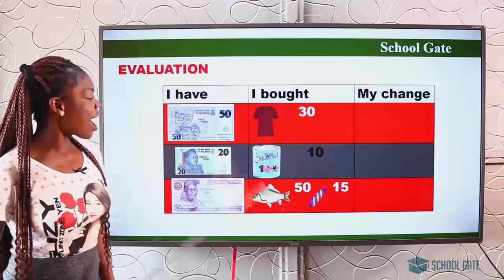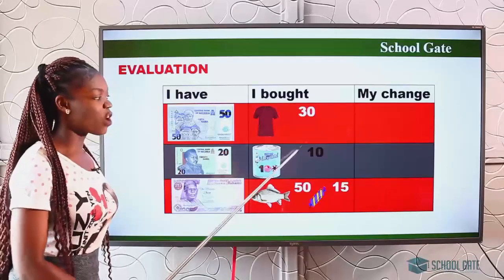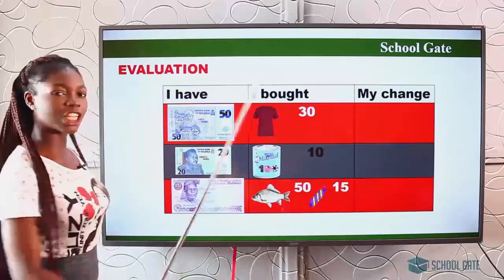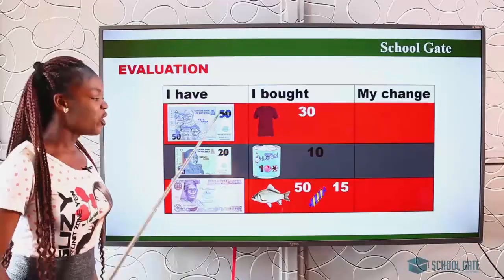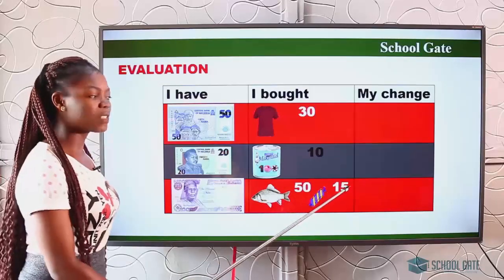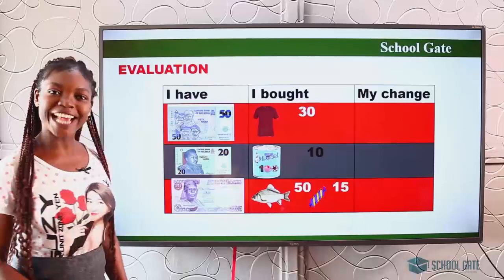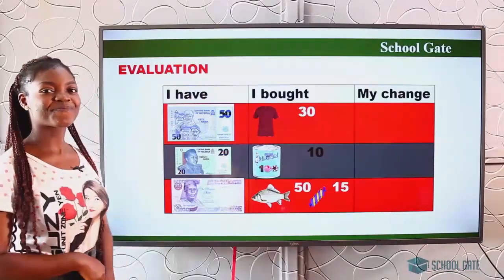You have this particular note, you bought a peak milk for 10 naira. How much is your change? And then you have this particular amount of money. You bought fish of 50 naira and sweet of 15 naira. How much is your change? I'm going to give us a few minutes to do these questions.